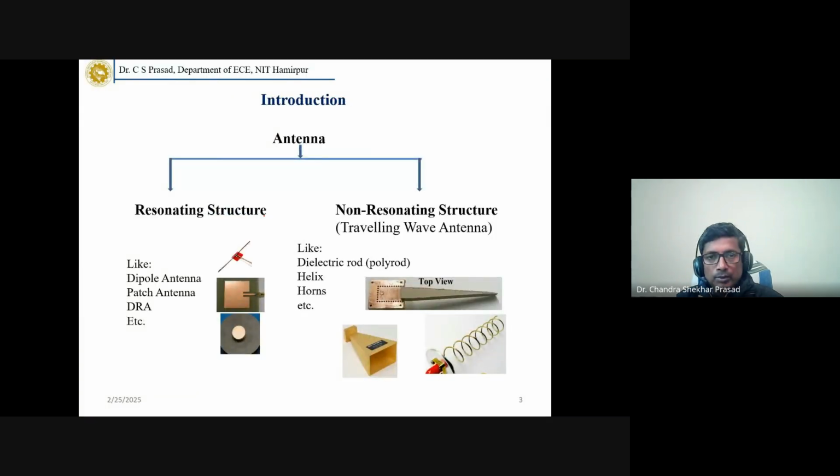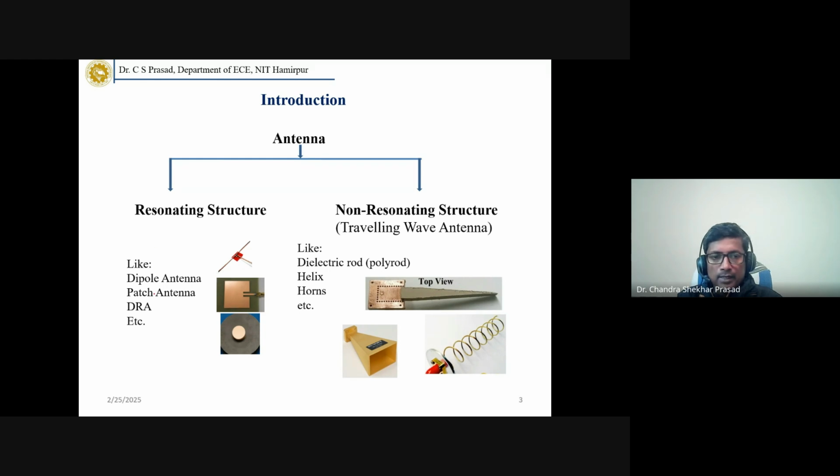Before going to leaky wave antenna, first we can broadly divide antennas into categories based on their wave containing properties. One is resonating structures and one is non-resonating structures.